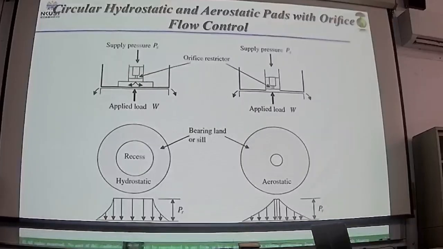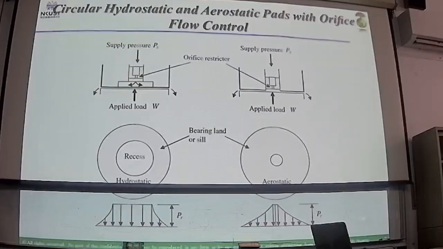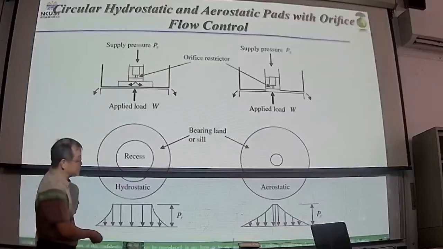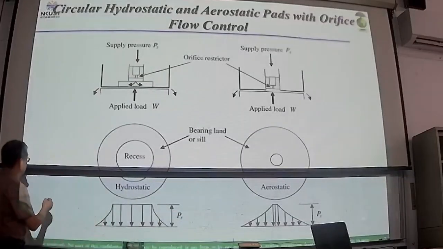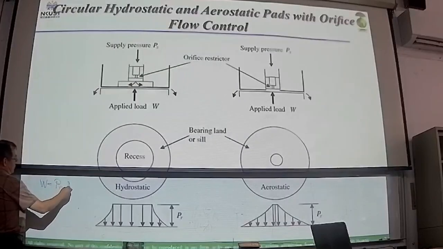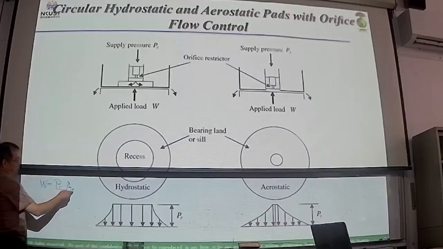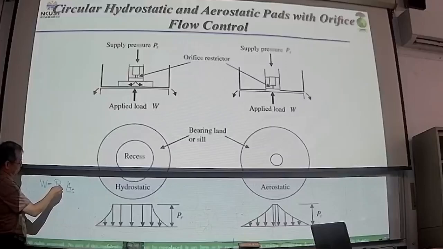So now in this section 2.8, we want to calculate the recess pressure because it's important for the bearing design, because in the bearing design, we care about the load capacity of the bearing. This is the load capacity. Usually it's equal to the recess pressure multiplied by the effective or equivalent area of the bearing.